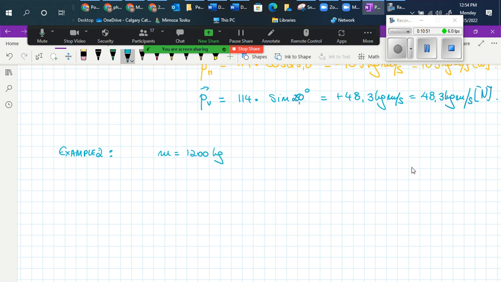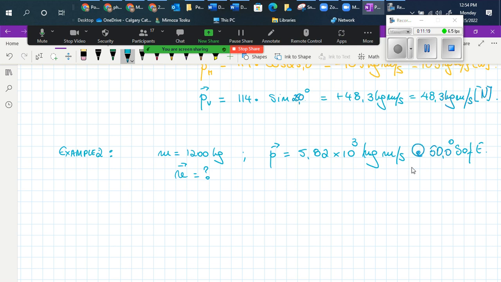It has a momentum of 5.82 times 10 to the power of 3 kilogram meters per second at 50 degrees south of east. What is the velocity of this object?